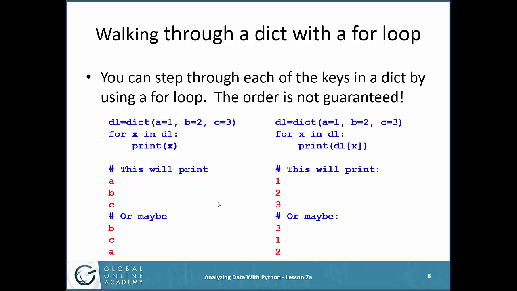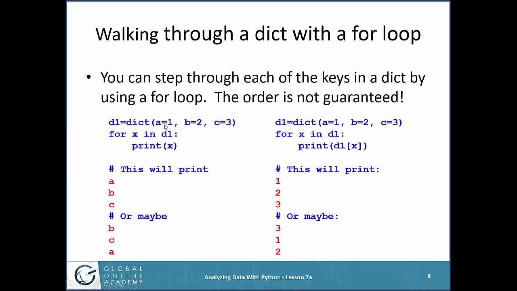Now, you might want to go through a dictionary with a for loop to find all of the values. You could step through each of the keys in the dictionary by using a for loop. The order isn't guaranteed. If you run this code 5 times, you may get it listed 5 different ways. That typically doesn't happen, but it may not be the order that you entered the data into. So let's say D1 equals dict, A equals 1, B equals 2, C equals 3.